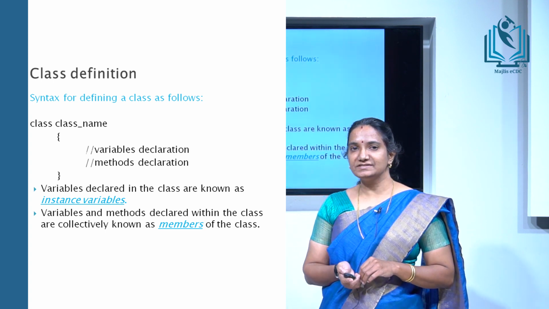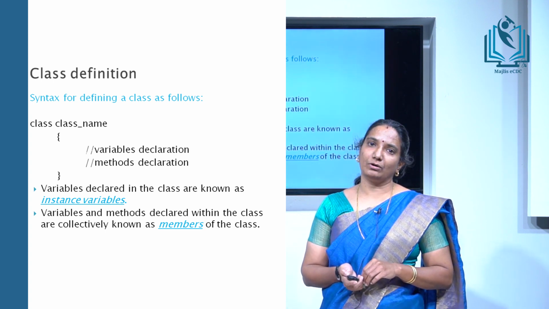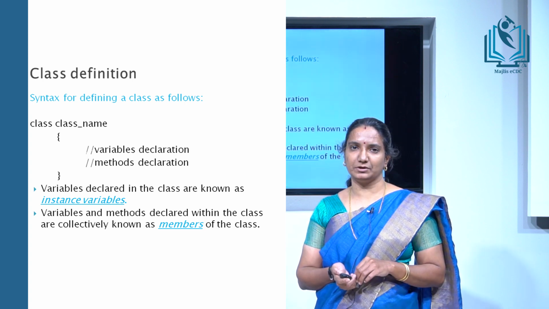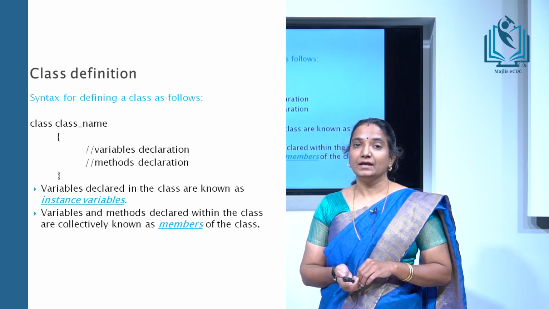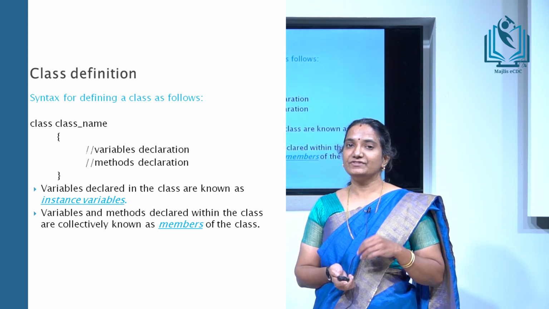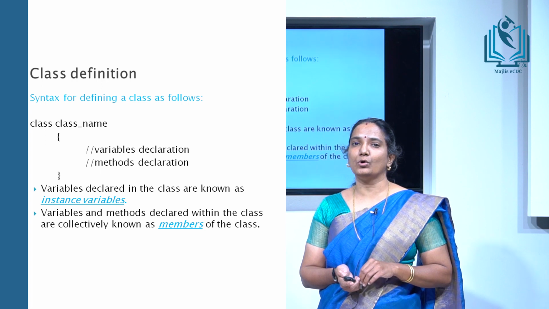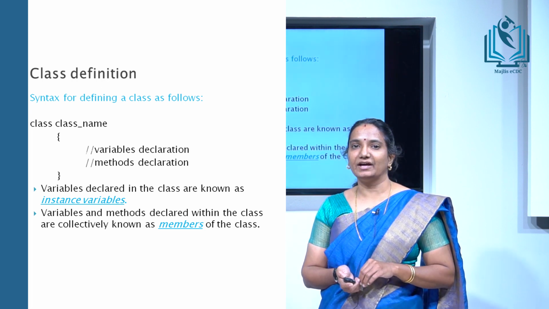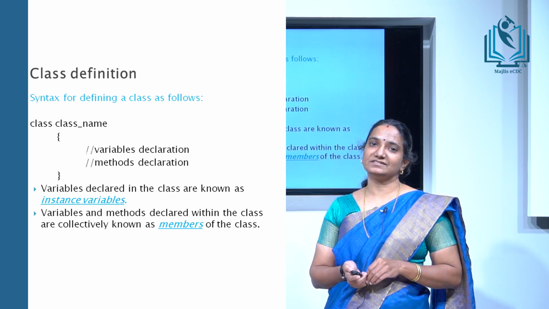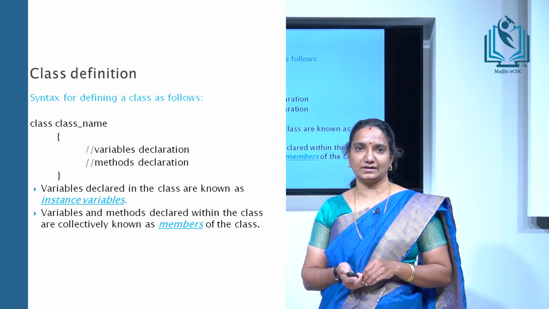The variables inside the class are called instance variables or non-static variables. This means that each object maintains its own copy. If there is any change in one object, it does not affect another object. We can also write static variables inside the class.